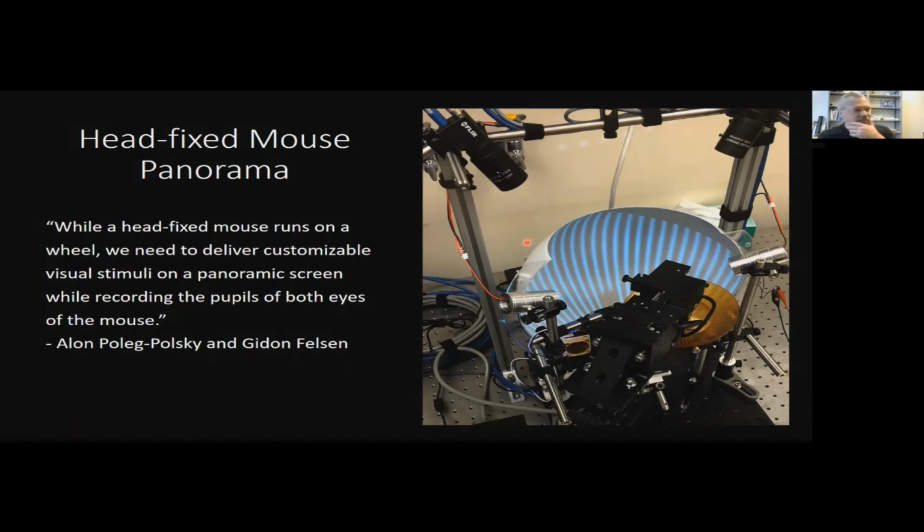So this is an example of a head-fixed panorama. A mouse would sit in the viewing space of this screen, and then a moving grating was presented to stimulate the eye of the animal. A couple of cameras record the movements of the eye, and at the same time, the experimenter is recording from the brain.